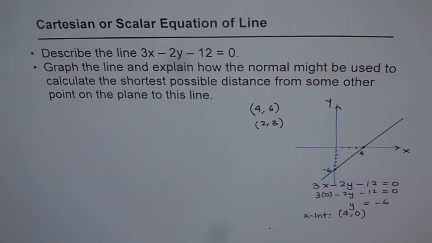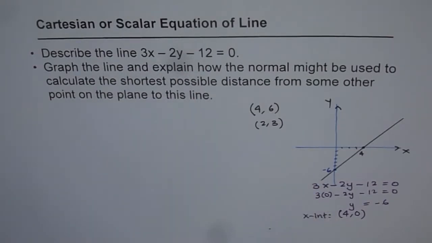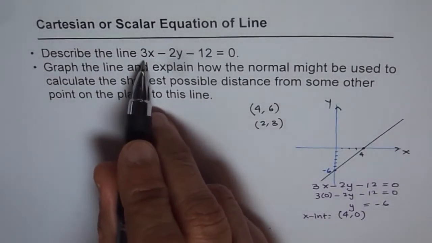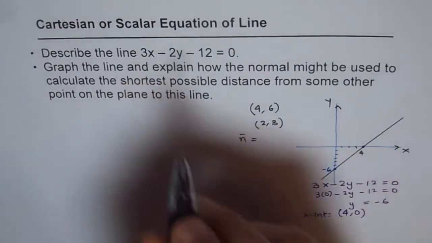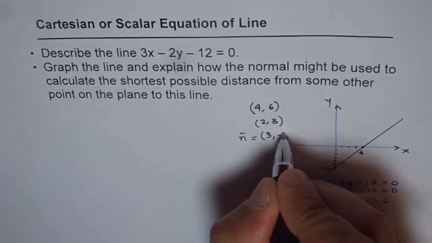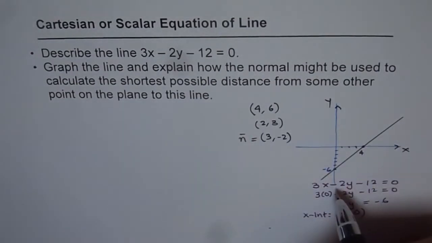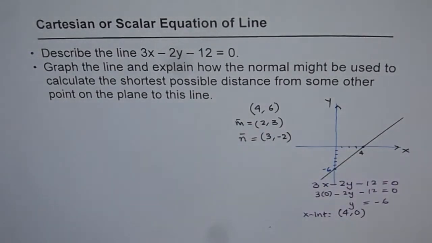The equation 3x minus 2y minus 12 equals 0 is the Cartesian form of the equation of a line. And from this equation, we actually get the normal straight away. The normal to the line is 3, minus 2. We just said that the direction of this line is, let's say m, equals 2, 3.